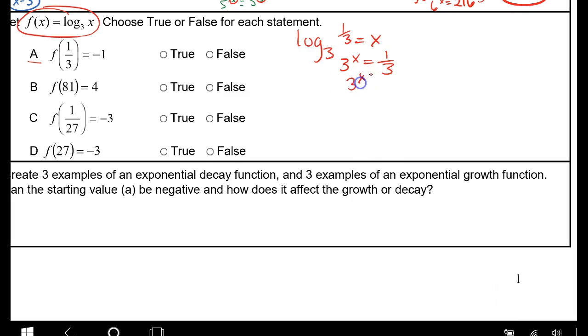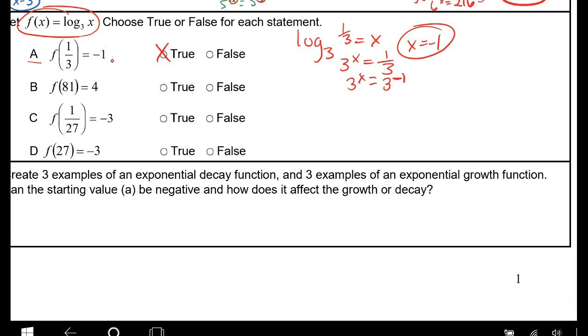So now it's 3 to the x equals 3 to the -1. And as you can see, x equals -1. So yes, that one is true. If I plug in 1/3, it is equal to -1.